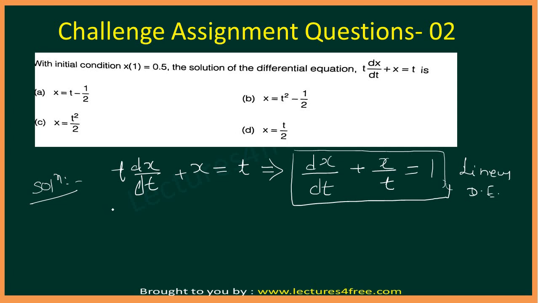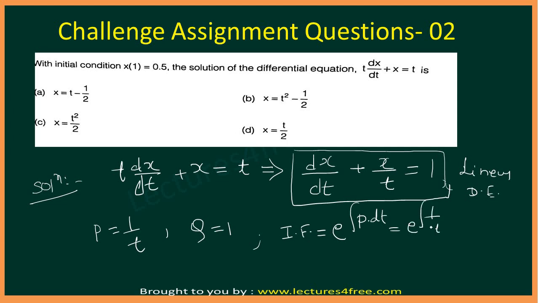Here, if you compare this with the standard form, you will get p is equal to 1 upon t and q is equal to 1. So the integrating factor is equal to e to the power integration of p dt, so e to the power integration of 1 upon t dt.